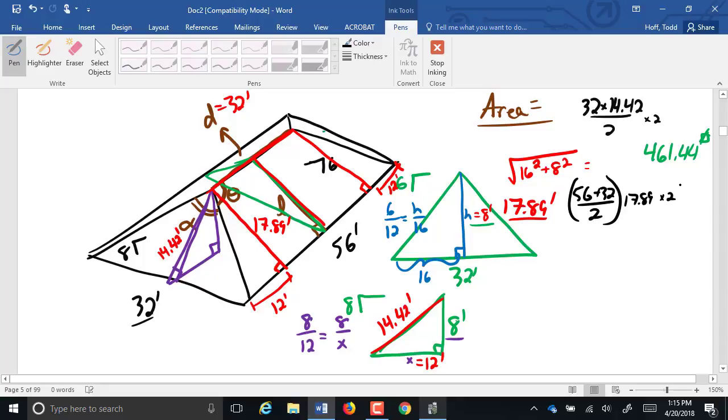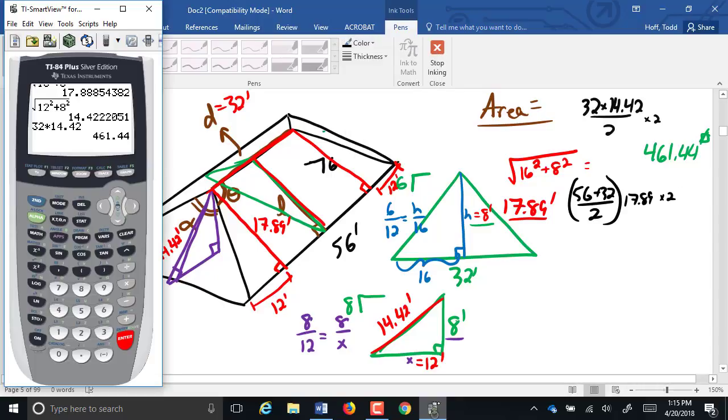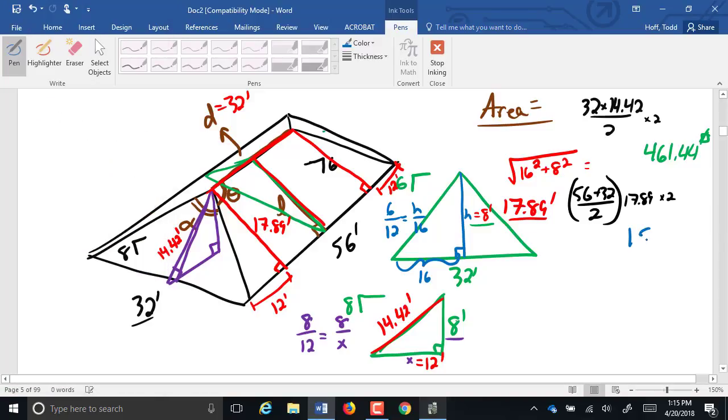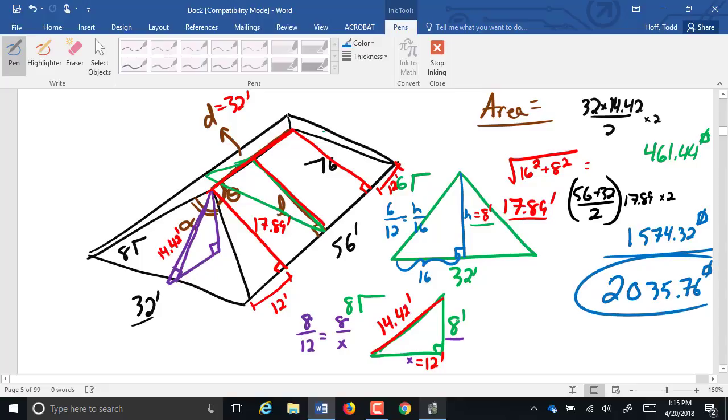And of course times 2 because there's 2 of those. That's 1,574.32 square feet, which is going to add up to be 2,035.76 square feet. Not bad?